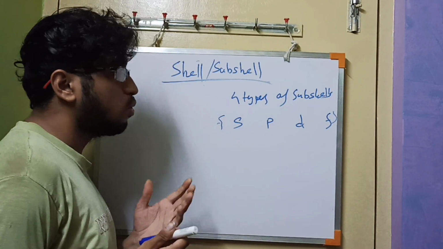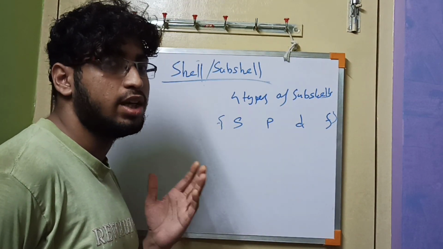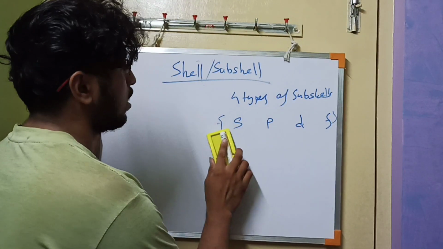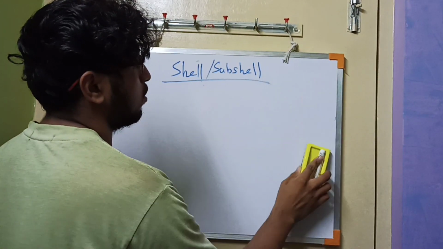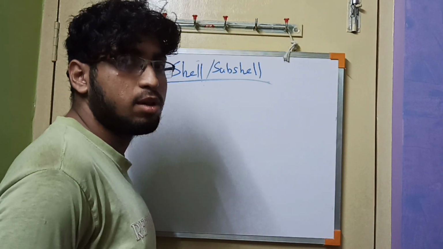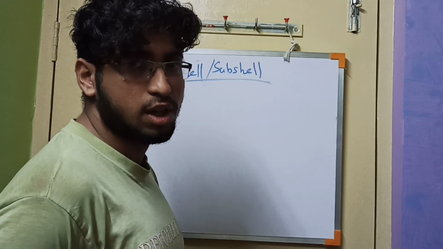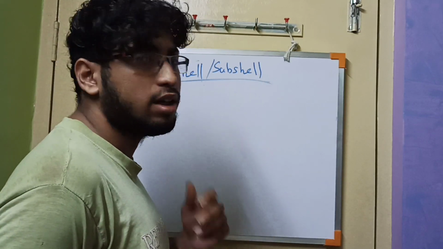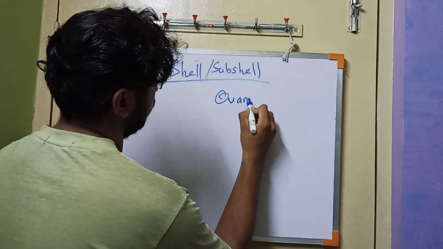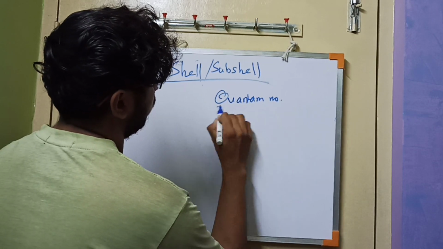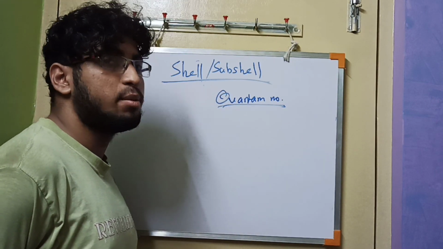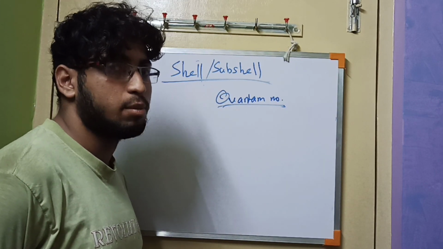Now we have to study SPDF and how they look. Before starting that, we have to learn about quantum numbers. If we can learn quantum numbers, then we can easily learn the types of subshells. We get 4 types of quantum numbers in atomic structure.